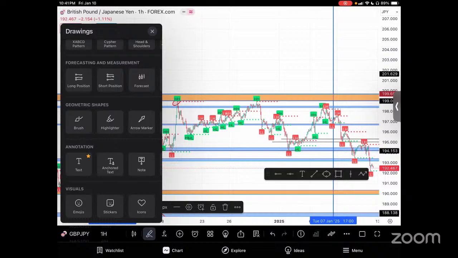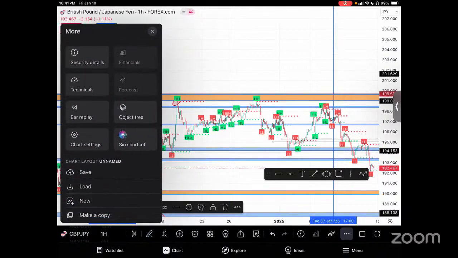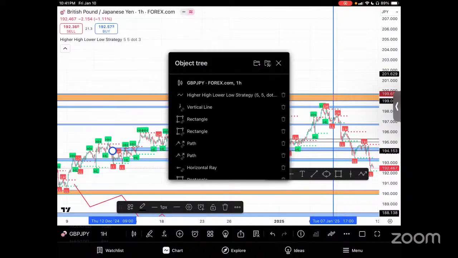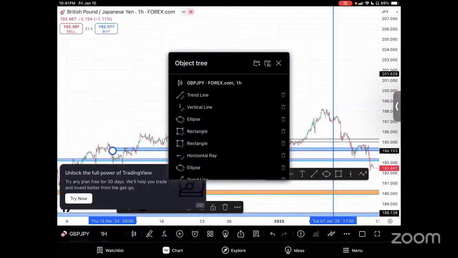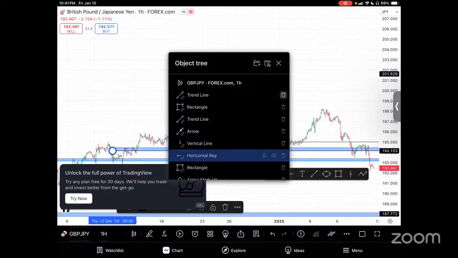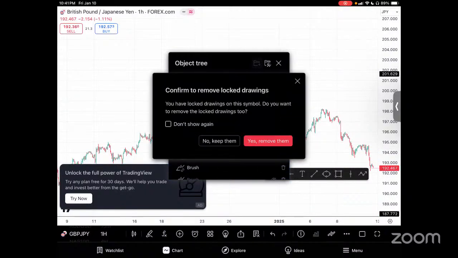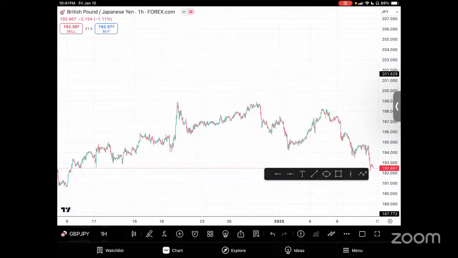Let's clear this chart. We're gonna do it with a naked eye first. Okay. So I'm gonna do it first, and then I'm gonna have you do a screen share and do it. Okay. That's fair.